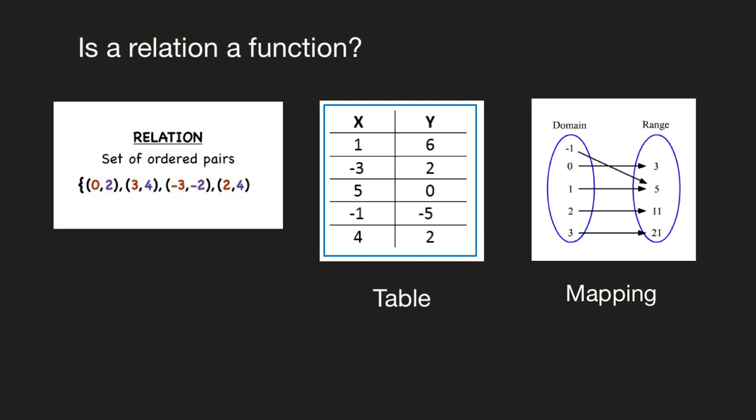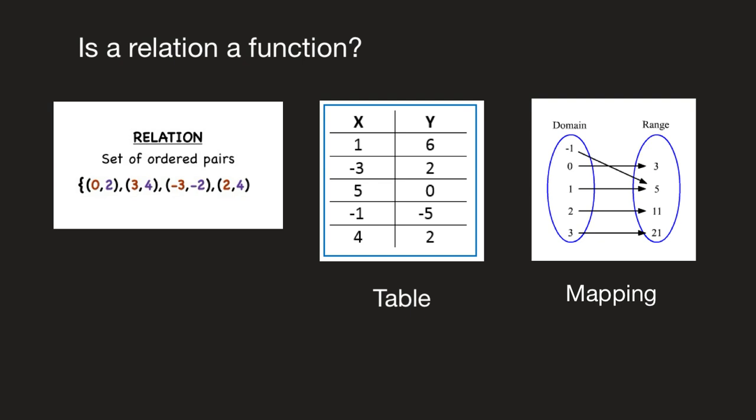Over there on the far right is what we call a mapping, okay? Couple of oval shapes, whatever. And all they're doing is a visual there, and they're using arrows to show you how the domain values match up with the range values, all right? So these are some ways that the relation can be presented to you, all right? The one that I don't have on this slide is a graph, and we're getting ready to get to some of that, but the graph is another one, all right?